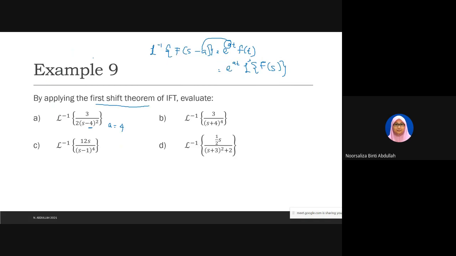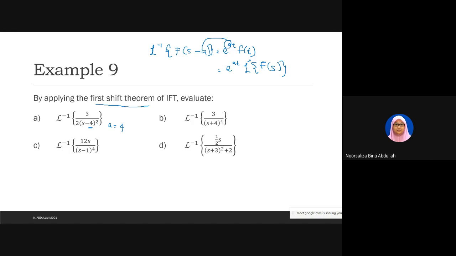This is the inverse using the first shift theorem. So the second one is you want to find the inverse of 3 over S plus 4 to the power of 4. Same method.